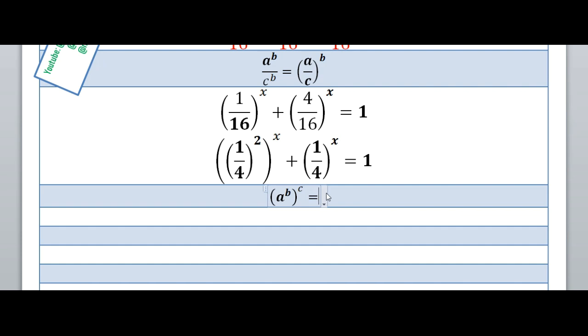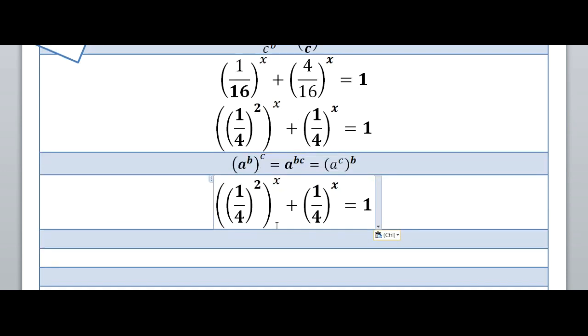That is the same as, in bracket, a raised to power c, then raised to power b. If you use these laws of indices, we now have this problem here.